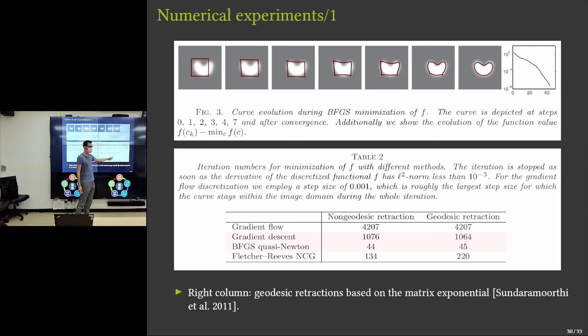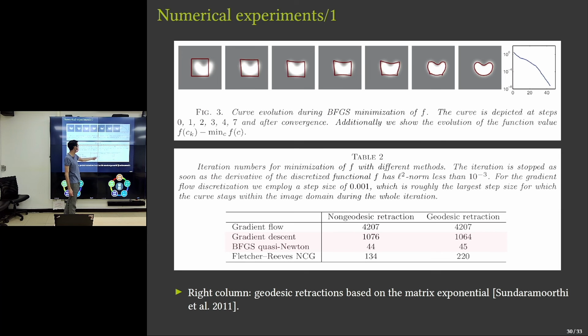But you see that we do not have that much difference in the iteration numbers between the cheaper version and the more expensive version. But what is more striking is the difference between the number of iterations of gradient descent, of steepest descent, and BFGS. So you see, this is in the order of 1,000. So it's almost two orders of magnitude of difference.